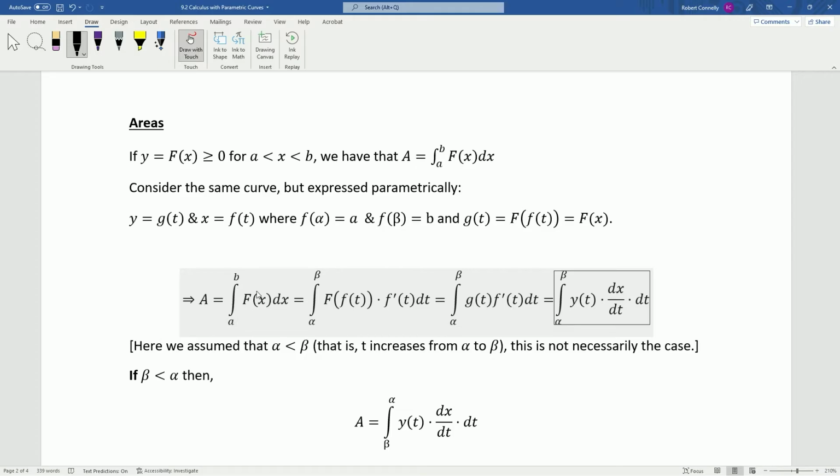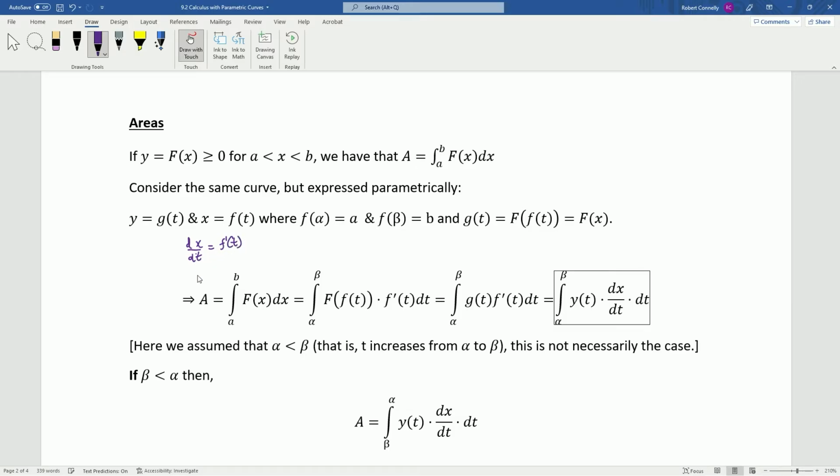So if we substitute this in, that means cap F of x equals cap F of little f of t. And dx is just f prime of t dt. So if you think about that, x equals f of t, so dx dt equals f prime of t.